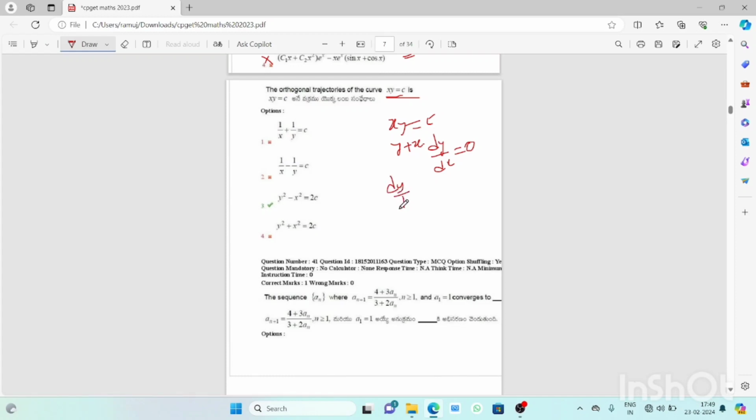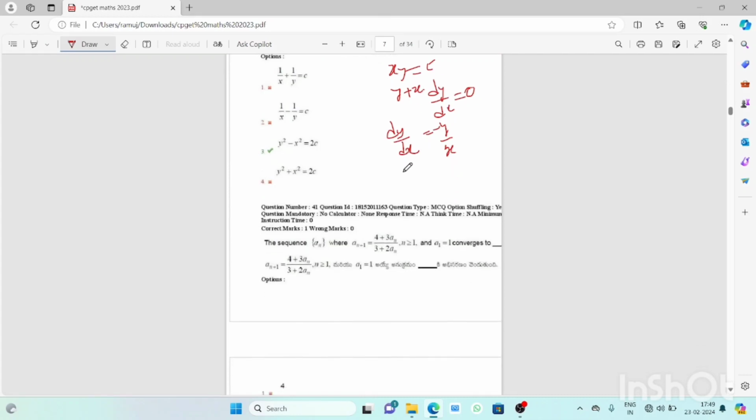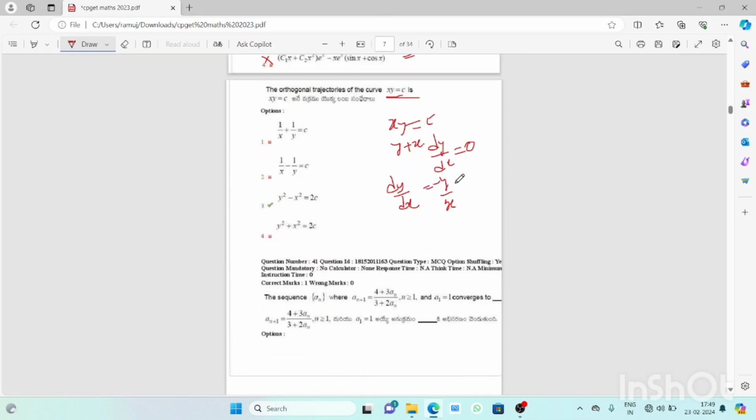So we get dy by dx is equal to minus y divided by x. After that I multiply with minus and take the reciprocal of this differential equation value, so minus into minus x divided by y. I do it this way: multiply with minus and take the reciprocal of the given function.